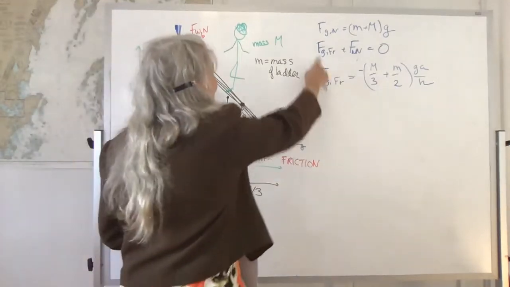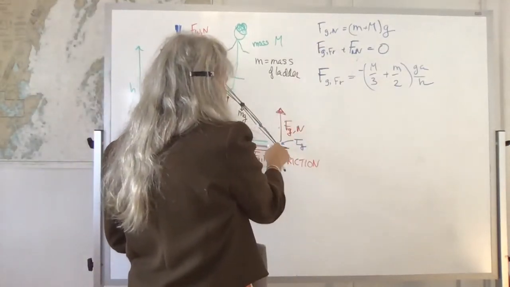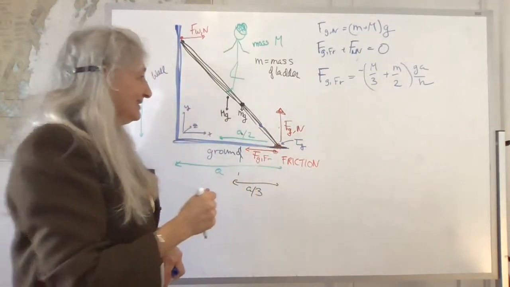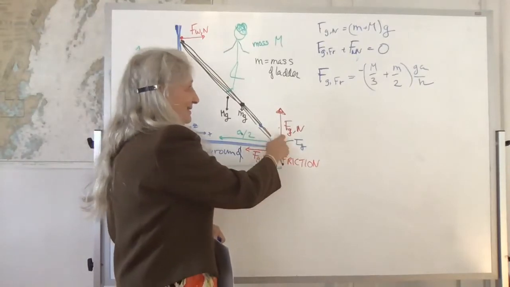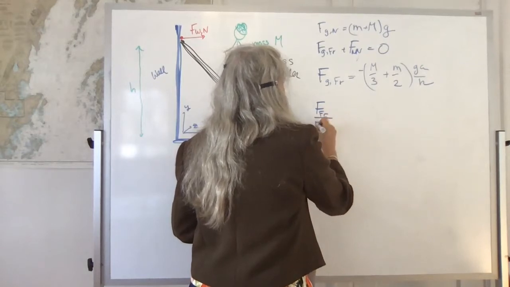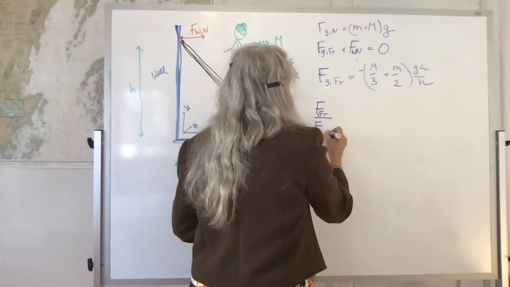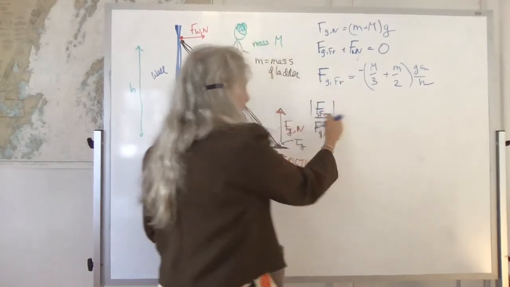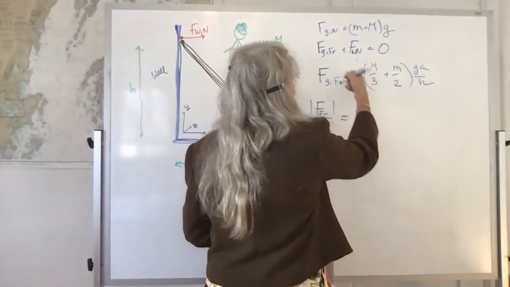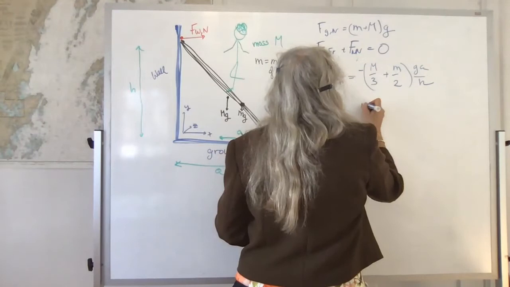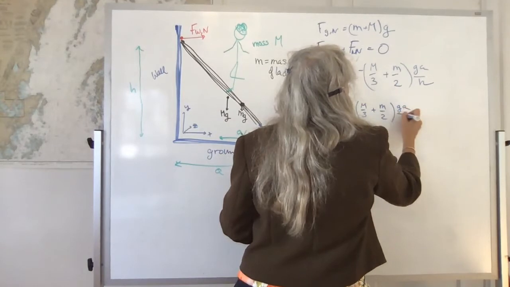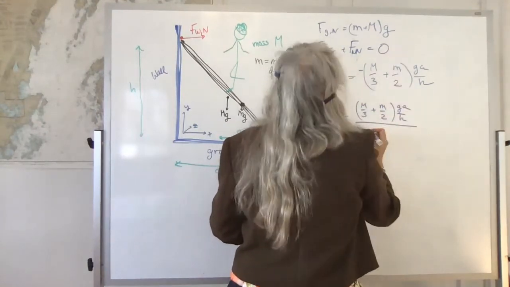Okay, so we've got the two components of the force exerted by the ground on this point of the ladder. And so I can take the ratio of the friction force to the normal force. This is for the ground normal force. I'm going to take the absolute value of that because I don't care about the sign. So it's this divided by that: m over 3 plus m over 2 times ga over h, divided by the normal force, and the g's are going to cancel.